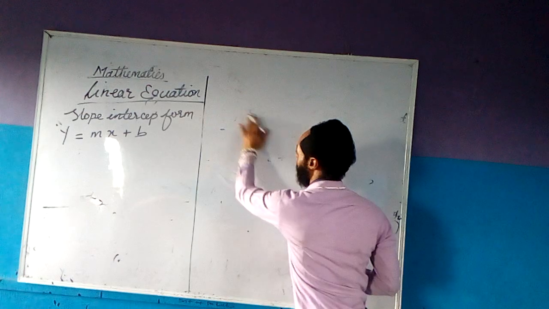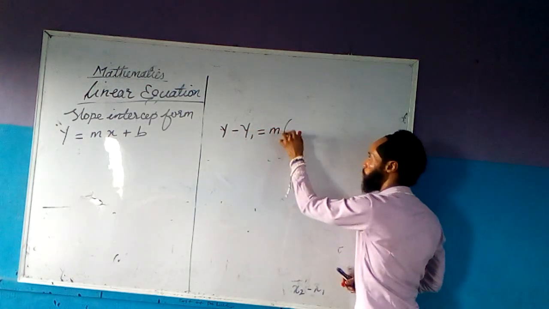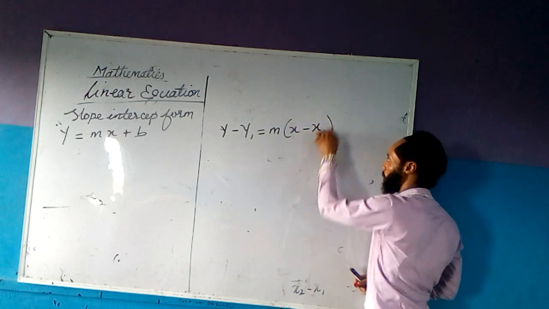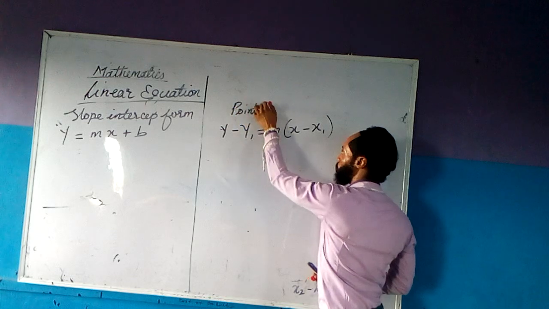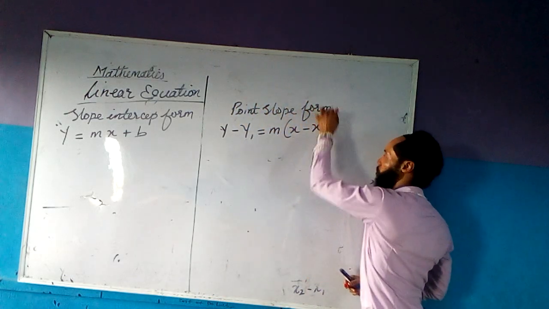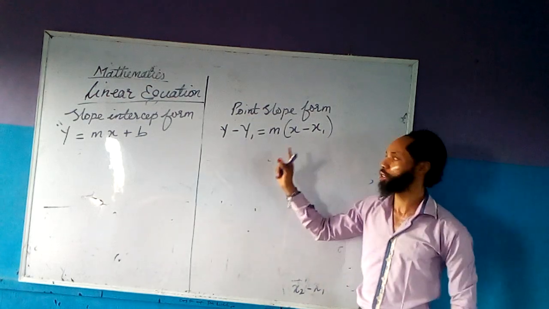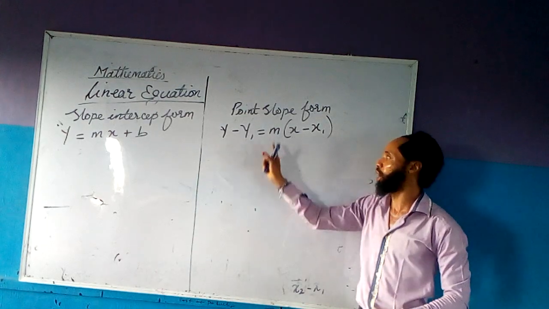Then I'll write another one here: y minus y1 equals m open bracket x minus x1. This is what we call point slope form, because we have our point, x1, y1, and we have our slope.